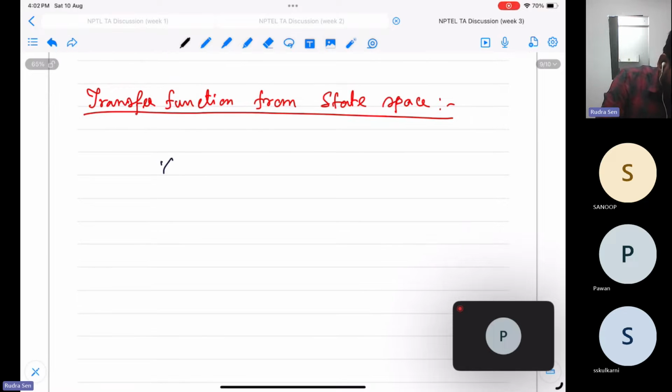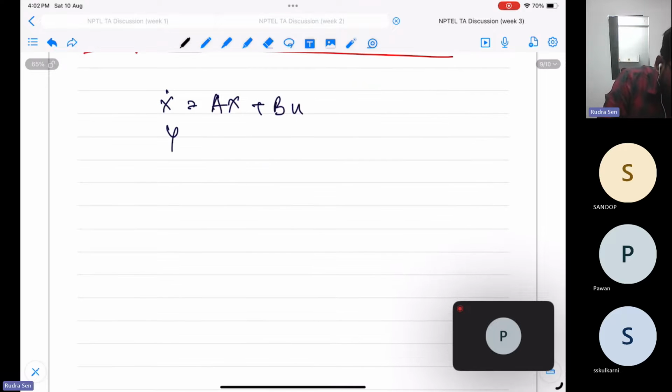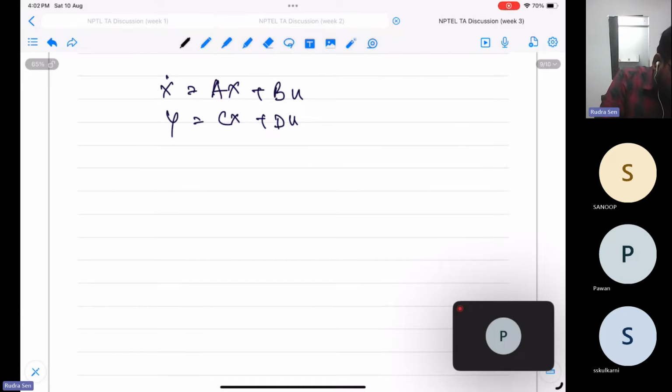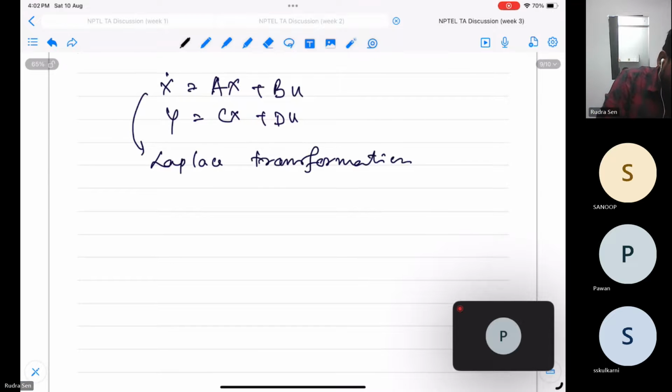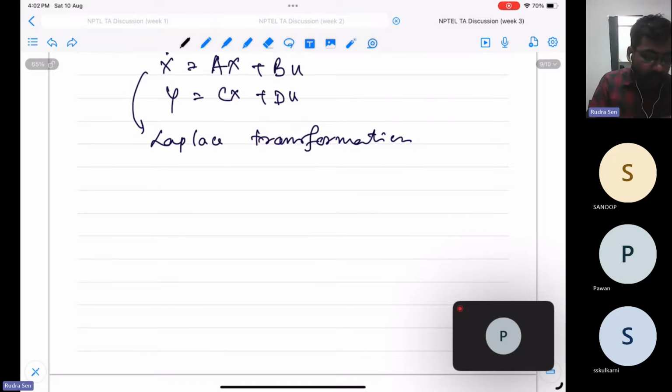So the system state space is x dot equals Ax plus Bu, and y is equal to Cx plus Du. Now we take a Laplace transformation, considering that all the initial conditions are zero, because when we talk about transfer functions, the first thing we consider is that the initial condition should be zero, right? So this is X(s).